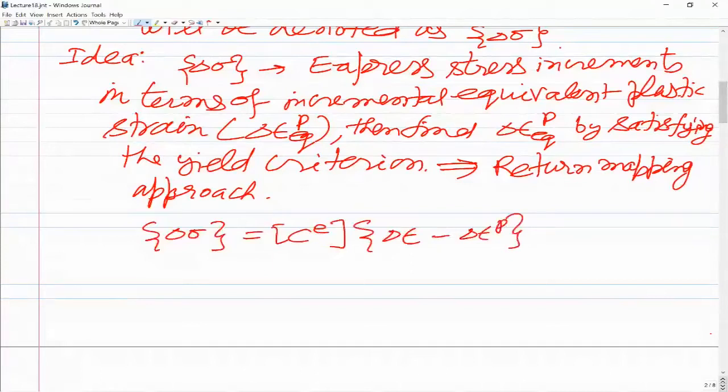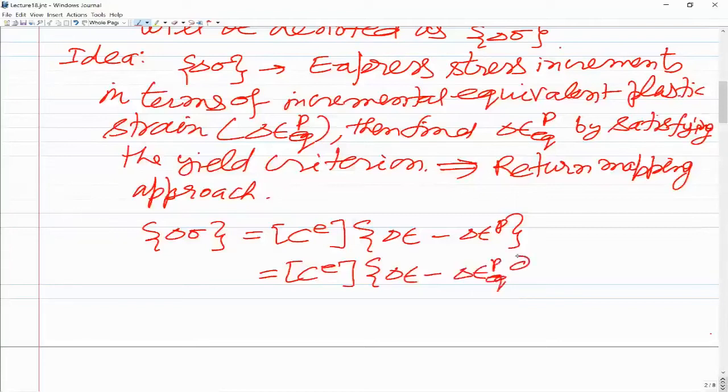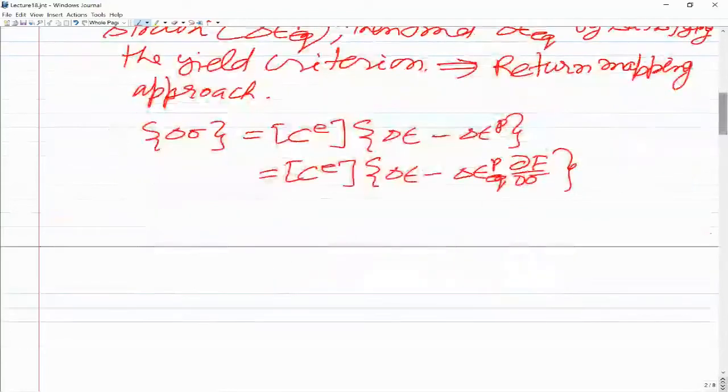So this we know, and we can write this as CE into del epsilon, and then using the flow rule we can write del epsilon P as delta epsilon equivalent P, which is a scalar, into del F by del sigma. Now del F by del sigma is a function of stress, which is unknown for the current iteration.